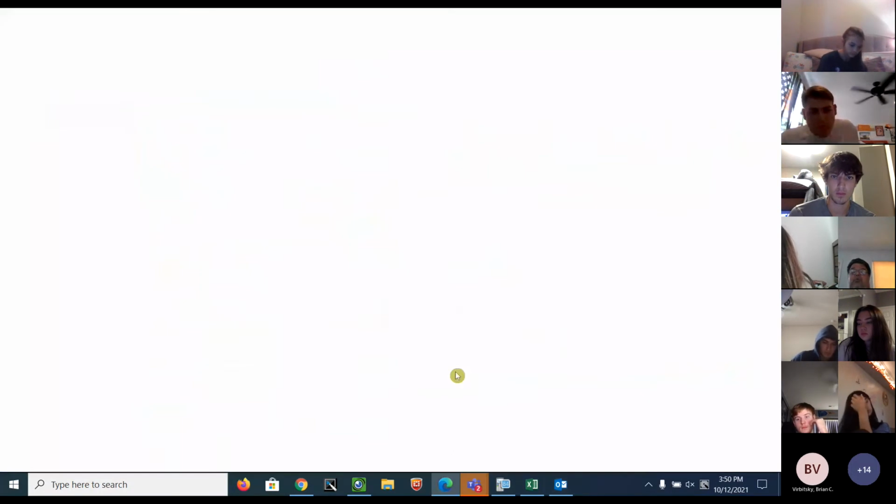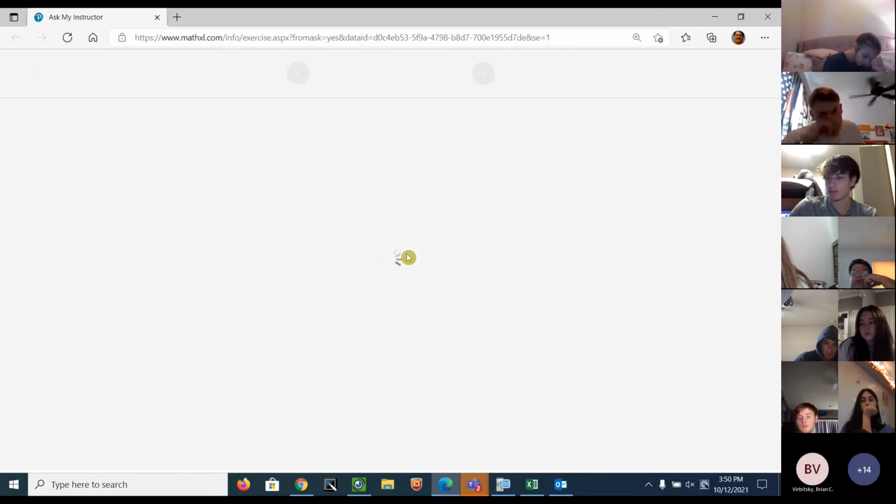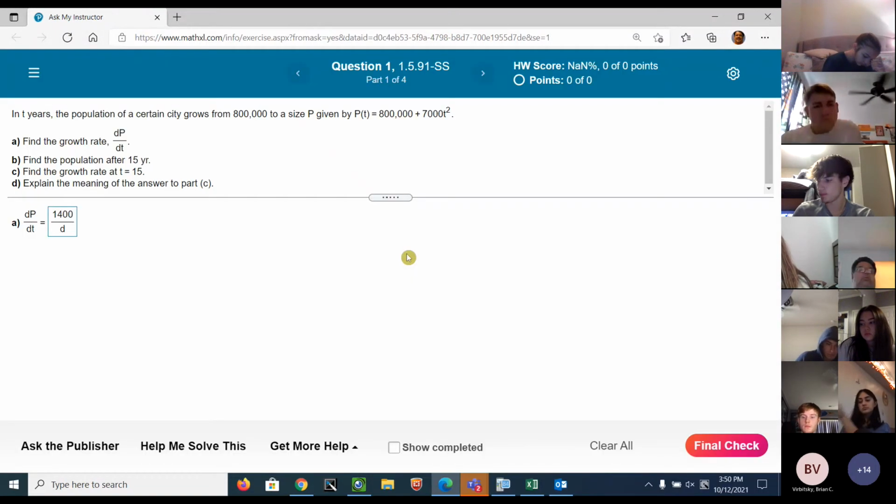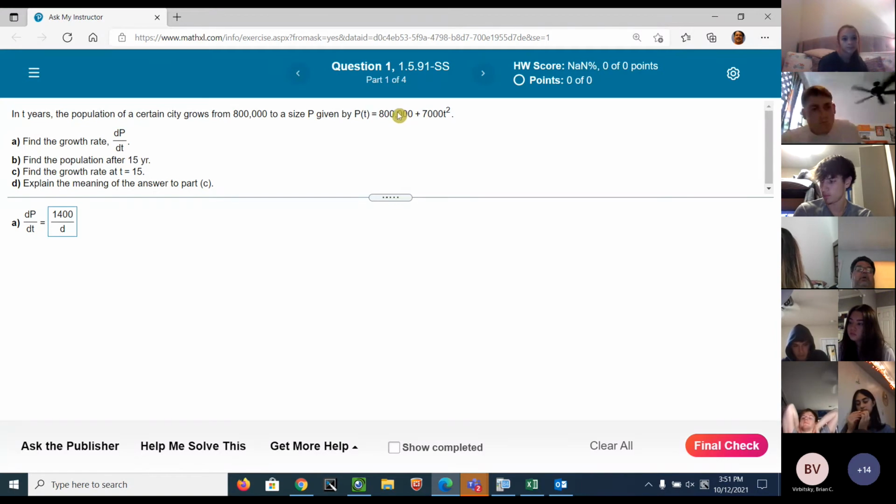Okay, in 2 years, the population of a certain city grows from 800,000 to the size P given by P equals 800,000 plus blah, blah, blah. There's a quadratic. Find the growth rate, which means dP/dt.